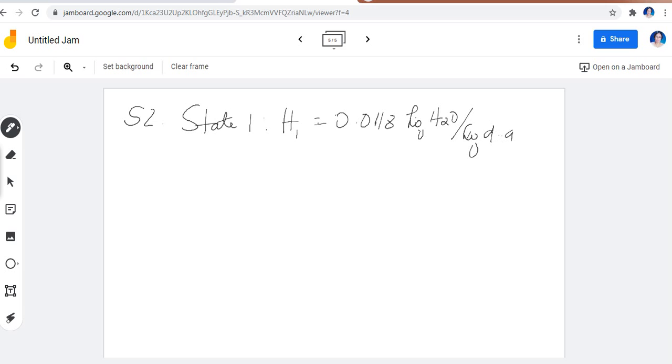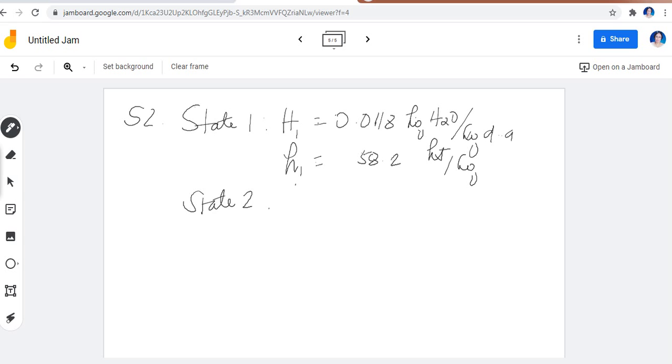Then you have h_1, its enthalpy, 58.2 kilojoule per kilogram.